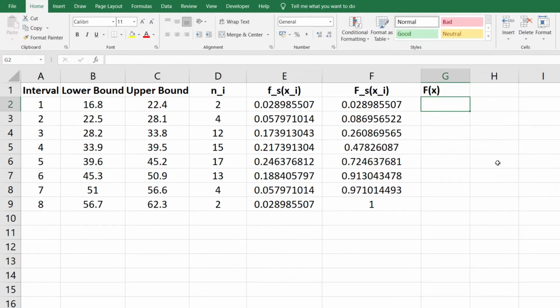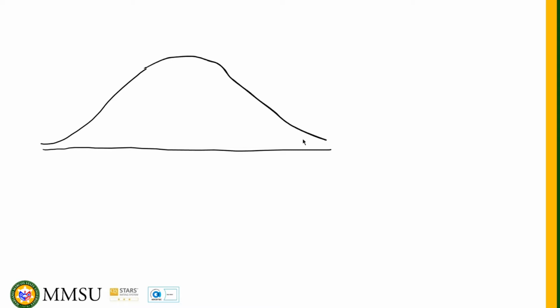First, let us go back to the concept. A normal probability distribution is a bell-shaped function, so its appearance is like a bell.